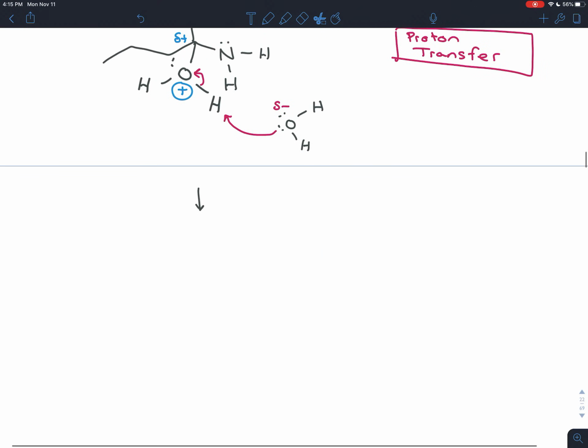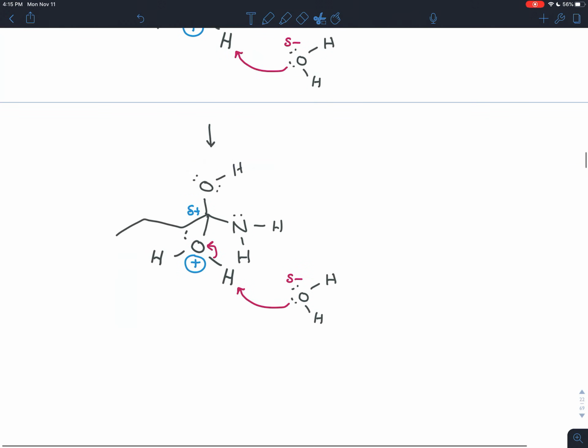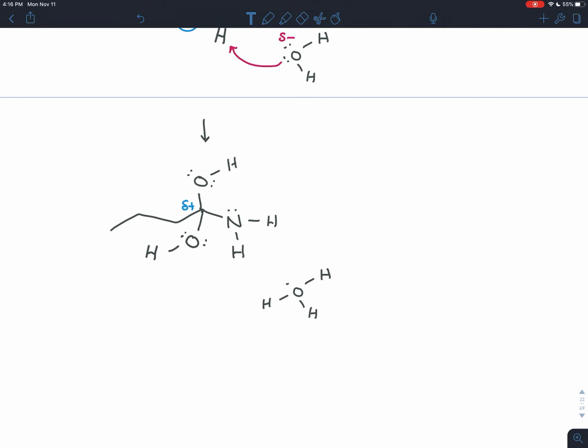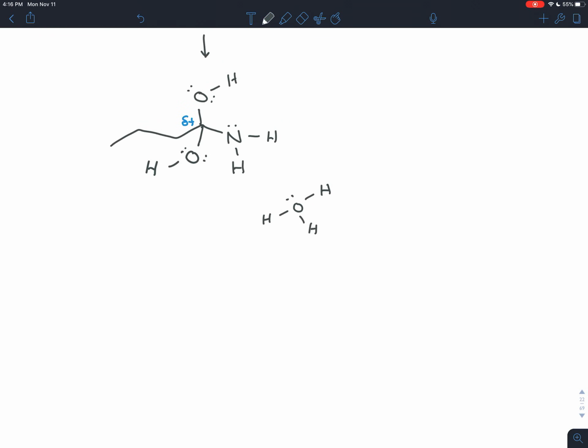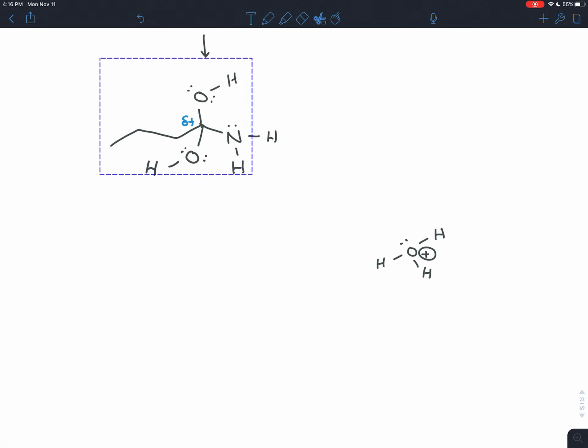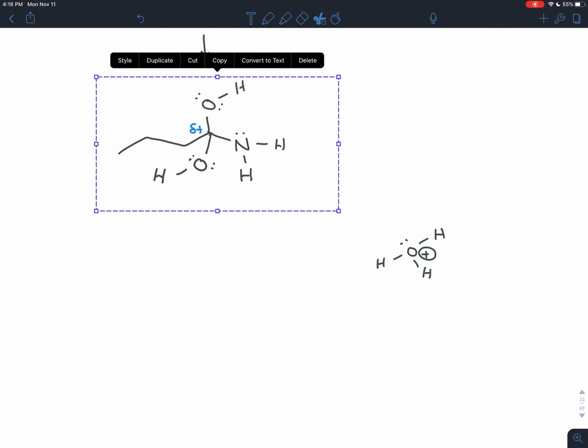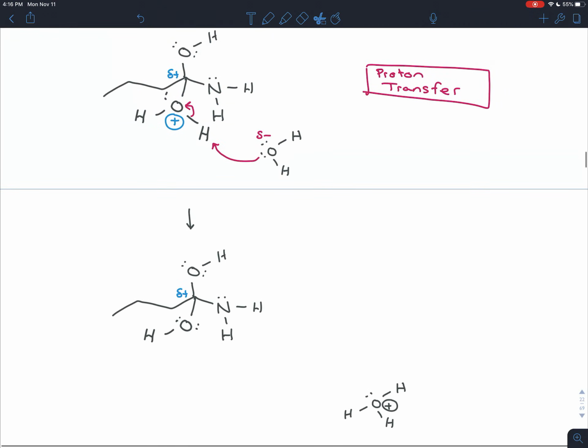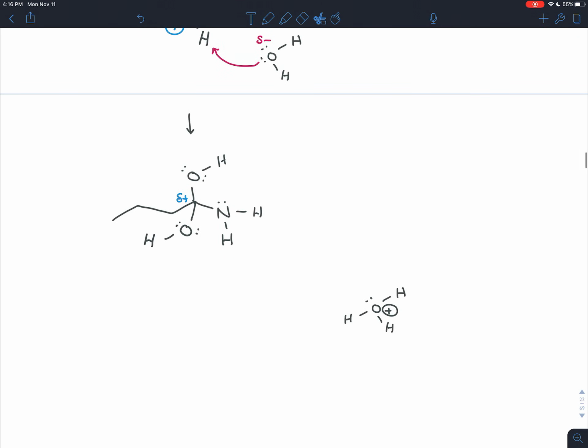And the molecules you're left with after this proton transfer step is first hydronium, so we've reformed that hydronium, and then next we have a more stable tetrahedral intermediate after that step. So we still have our tetrahedral intermediate.